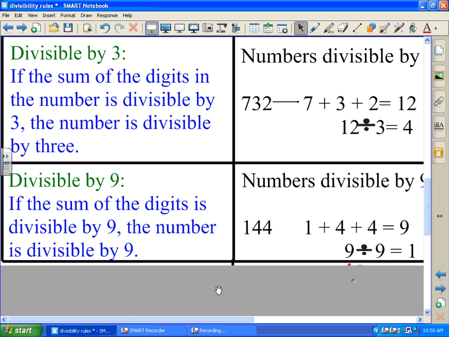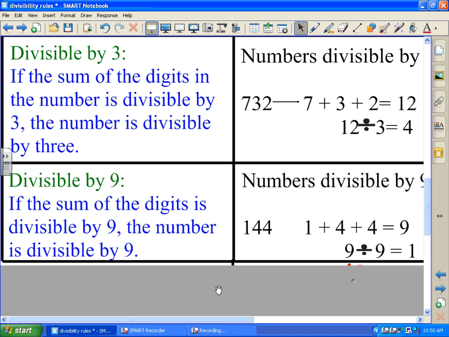So if the sum of the number's digits, and that's the possessive, is a 9, the entire number is divisible by 9.